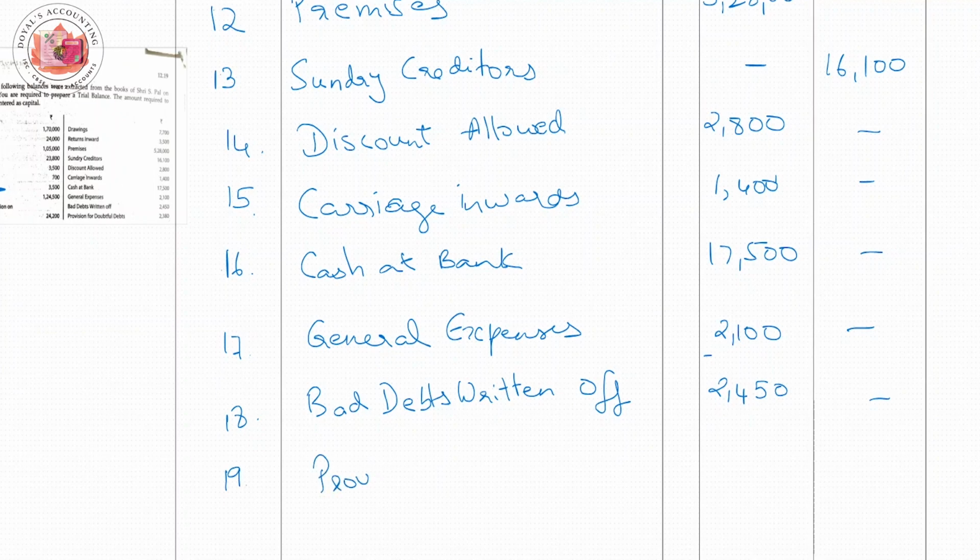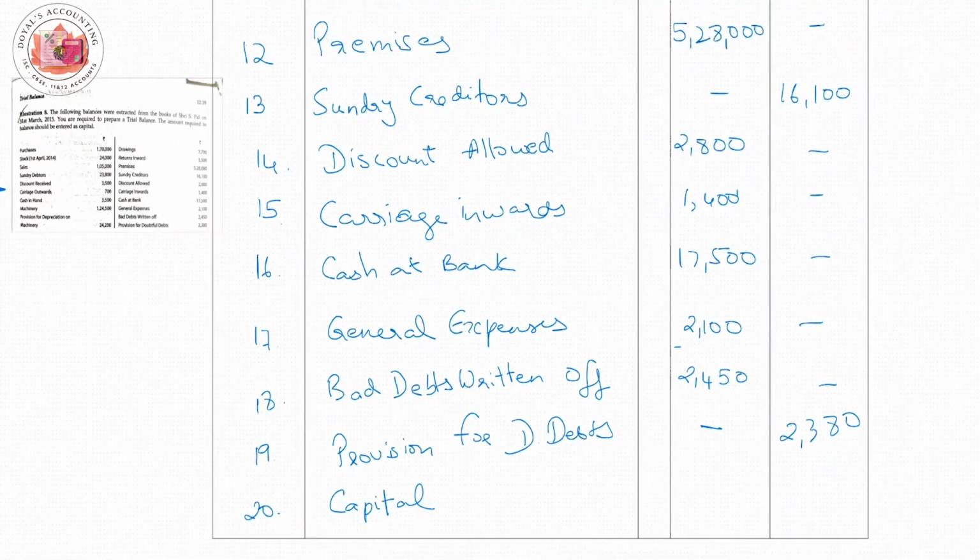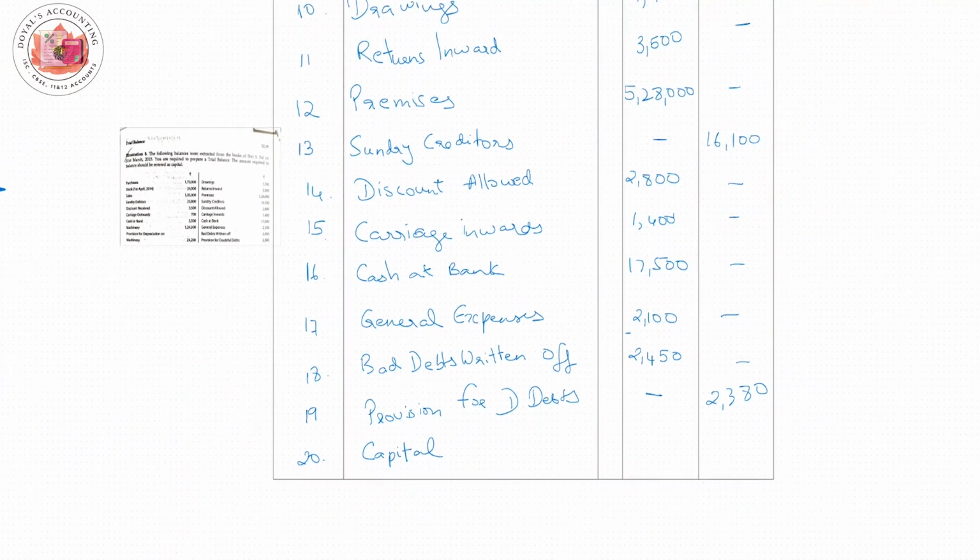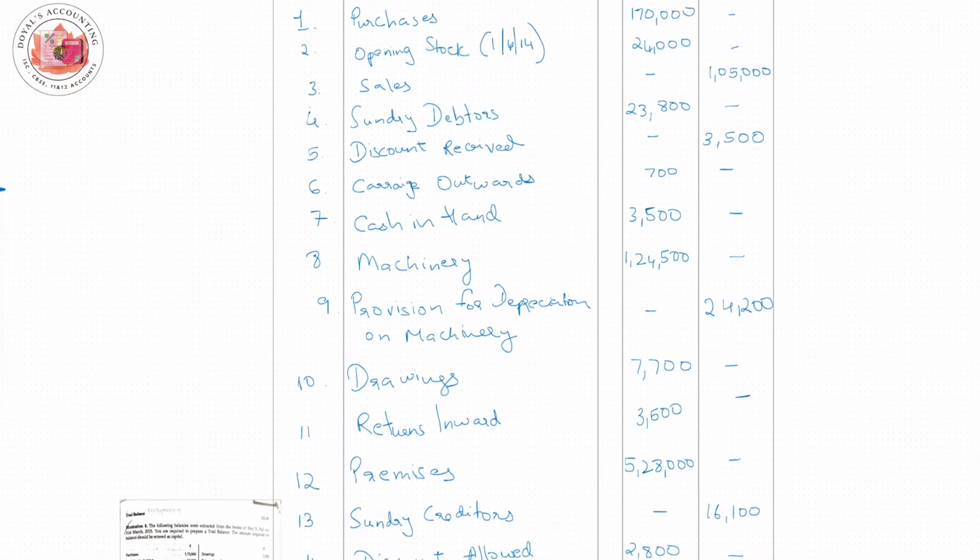Provision for doubtful debts. Again, we will be dealing with this in the upcoming chapters. For now, you remember that all provisions have credit balance. 2380. Now, the next and the last item is going to be the capital. As per this question, we have to find the capital balance, which is going to be the difference between these two columns. So let's start calculating now.